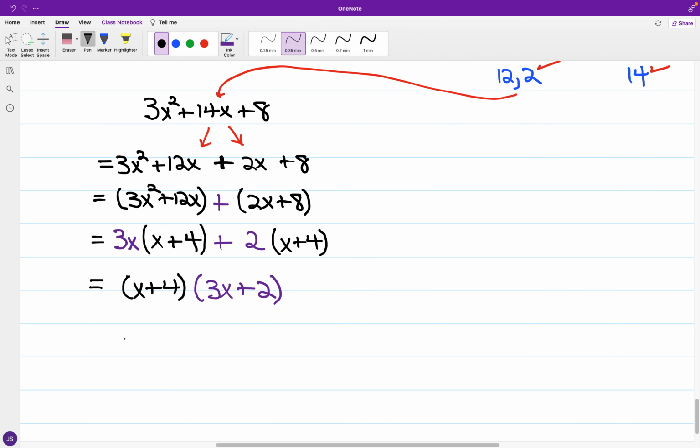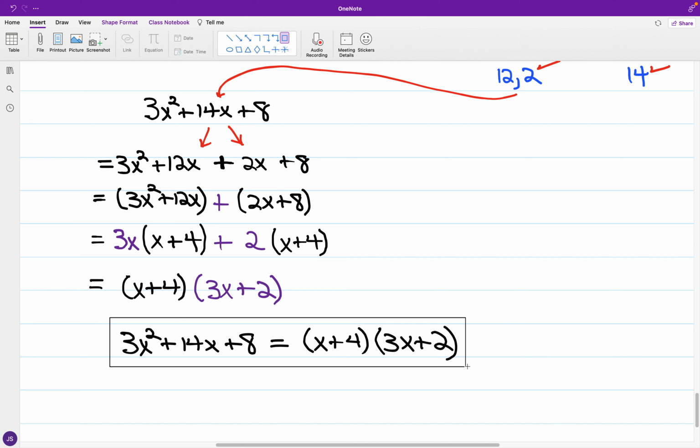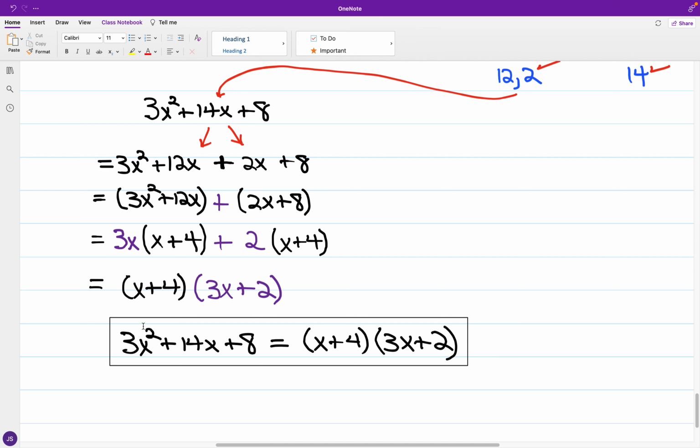So we can declare 3x squared plus 14x plus 8 is equal to the quantity of x plus 4 times 3x plus 2. You can always go back and check: x times 3x is 3x squared, x times 2 is 2x, 4 times 3x is 12x, and 2x plus 12x makes 14x, and 4 times 2 is 8.